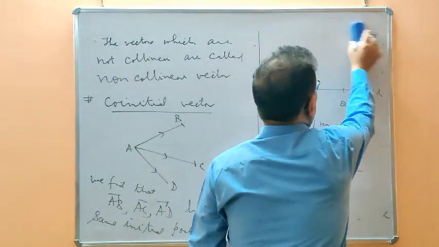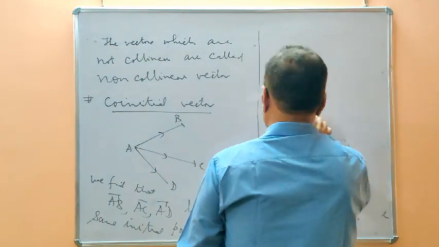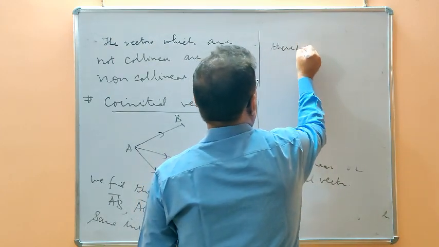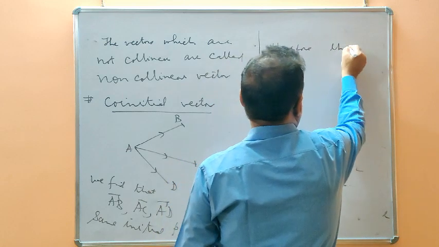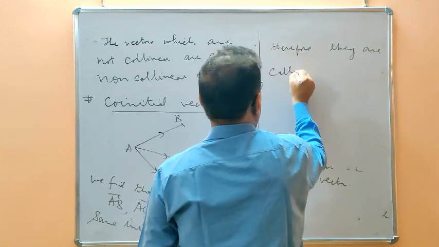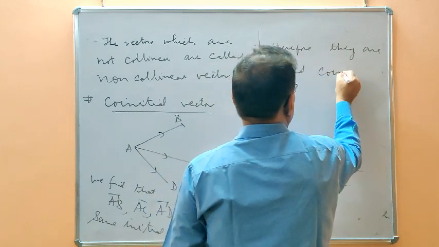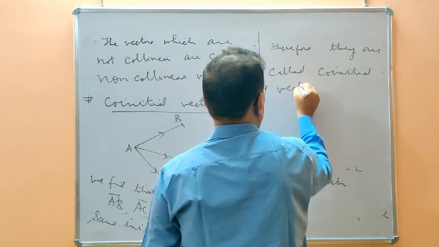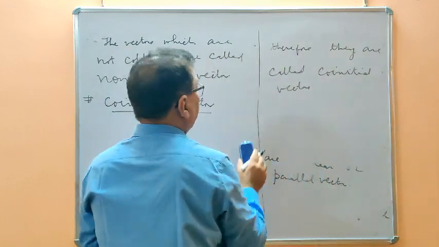Therefore, they are called co-initial vectors. Okay.